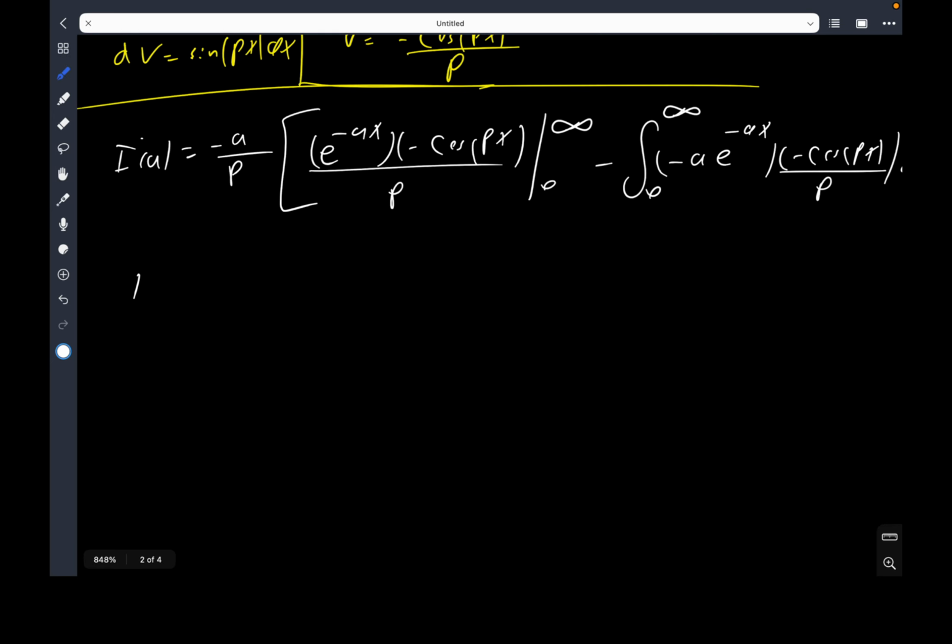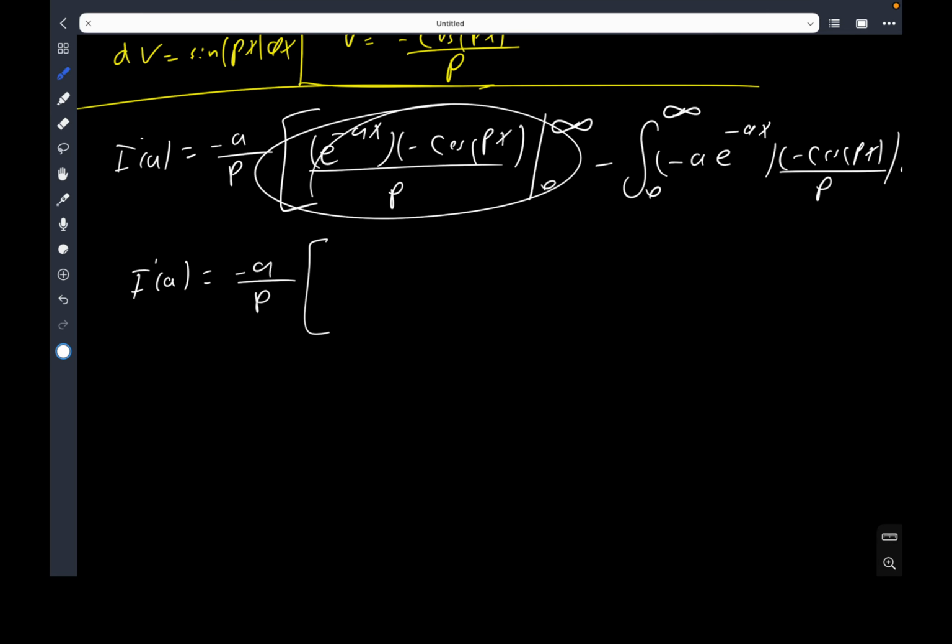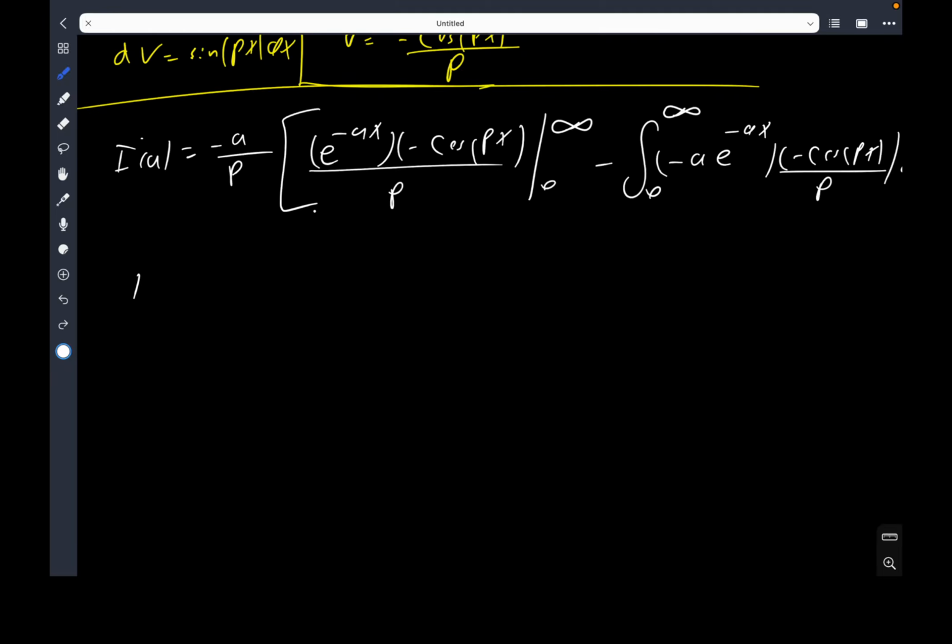And my I prime of a is going to be negative a over p times this limit here. If you calculate it, the first term is going to be 0. Let me do it for you here to show it better.